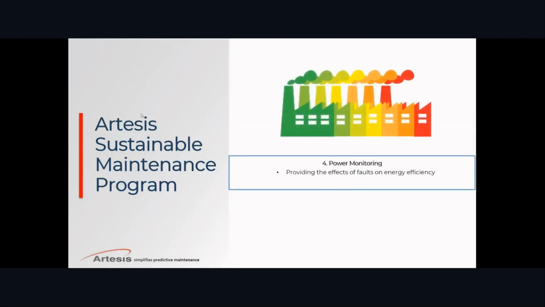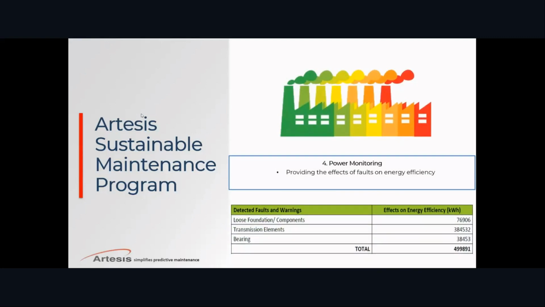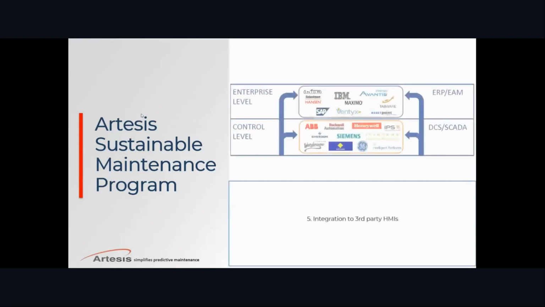Another feature that this technology offers is that it can do power monitoring and also provide the energy efficiency effects of the faults. And last but not least, by using this technology, you can integrate it into your central monitoring platforms, where the integration can be done via OPC.